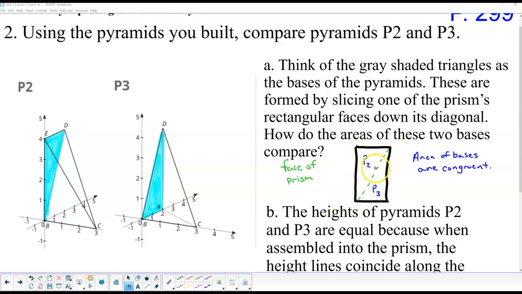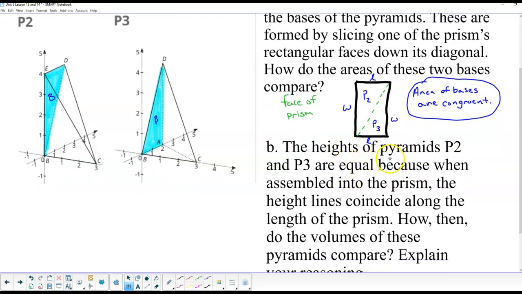So I took a rectangle that has the same base and height, and I divided that right down the middle. Well, if that's the case, then those two areas have to be congruent. So here, you think of these as the bases of my new triangular pyramid. I have two congruent bases.